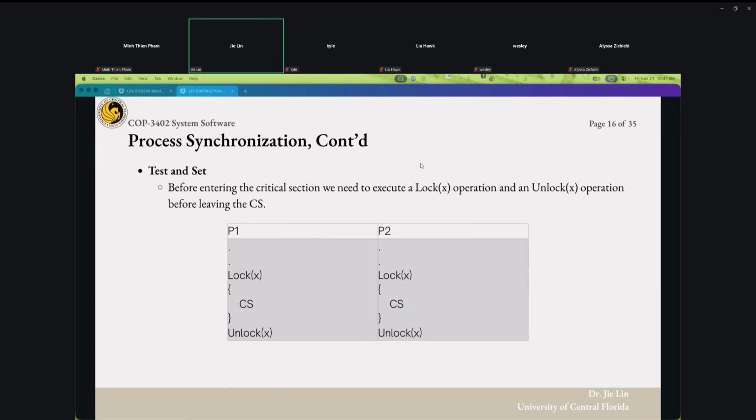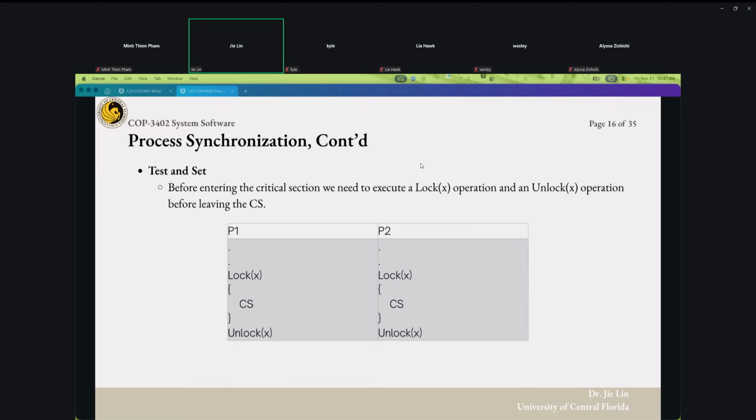Think about the critical section as a one-person restroom. To avoid the race condition, we use a lock on the restroom door. If P1 enters, it locks the door. That is our lock operation. No one else can enter that room until P1 is done with its job.